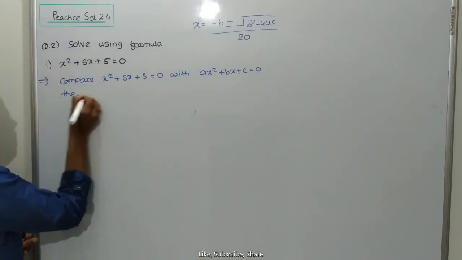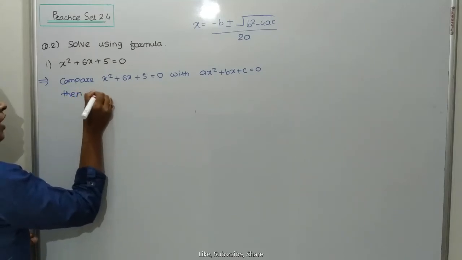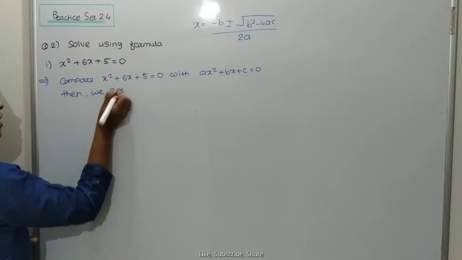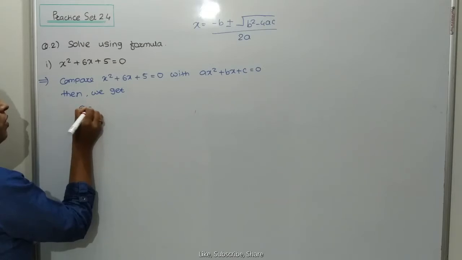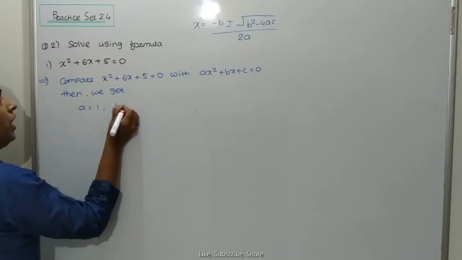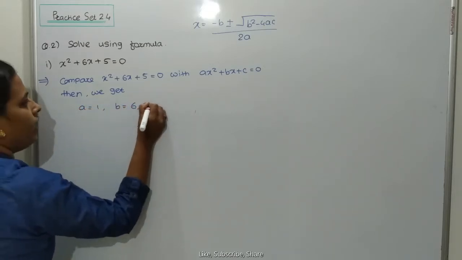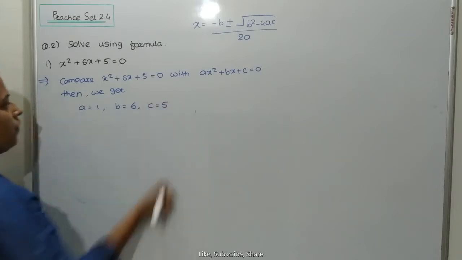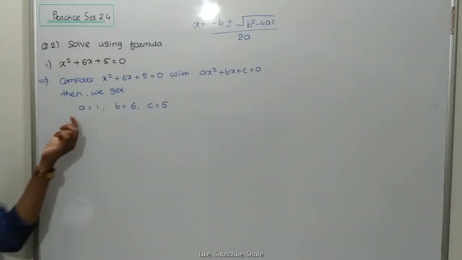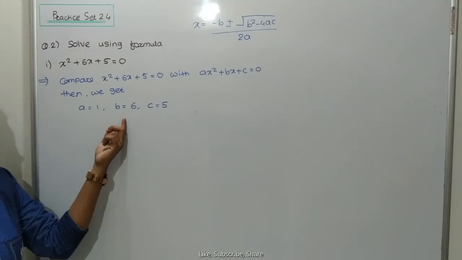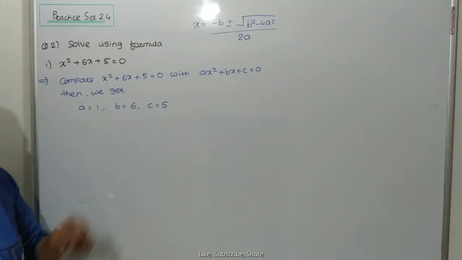Then we get a is equal to 1, b is equal to 6 and c is equal to 5.